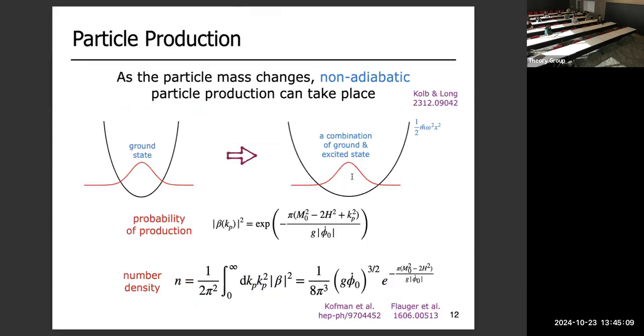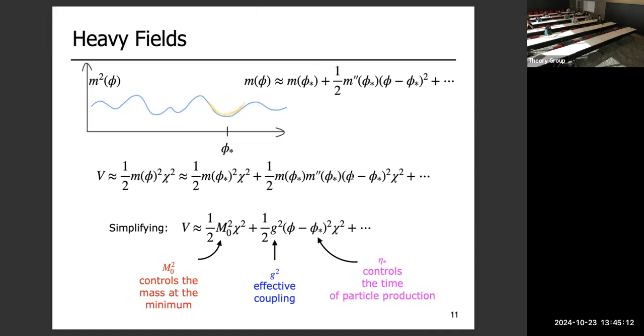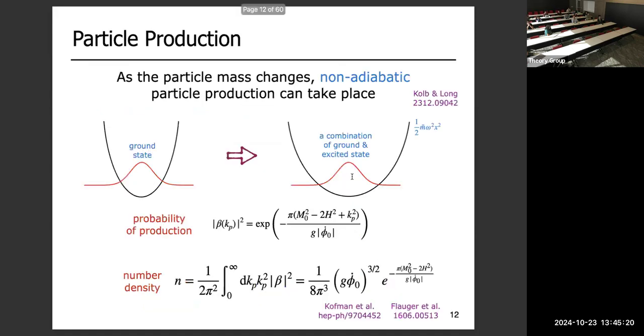So you see, just looking at this, as phi passes through phi star, the effective mass changes pretty rapidly because this g squared term vanishes, and anytime particle mass changes rapidly, you can have cosmological particle production. And one very cartoon analogy here is that you can imagine, for example, having a harmonic oscillator, a quantum oscillator within some well.